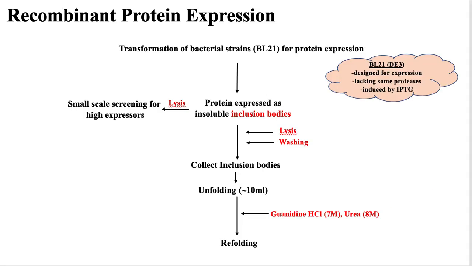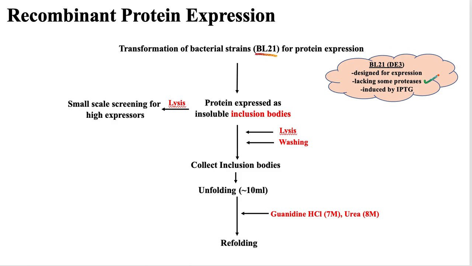As I mentioned before, for transformation we use this new strain, BL21, which we transform using the expression vector which we cloned in our previous section. These bacterial strains are particularly designed for expression purposes.